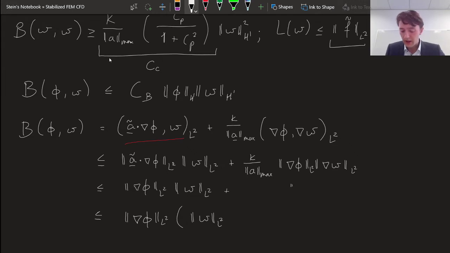Let me illustrate it in just a second. But first we have this kappa divided by the maximum magnitude of A times the norm of the gradient of W.